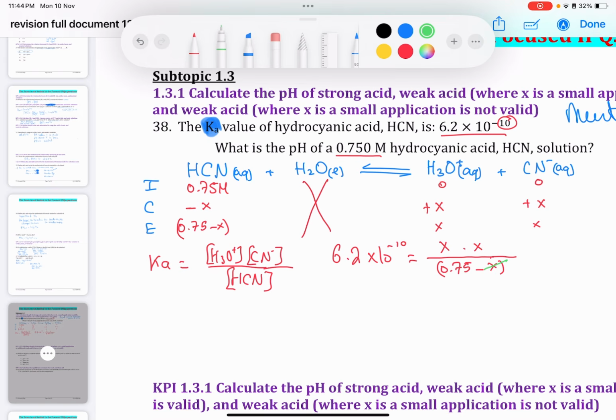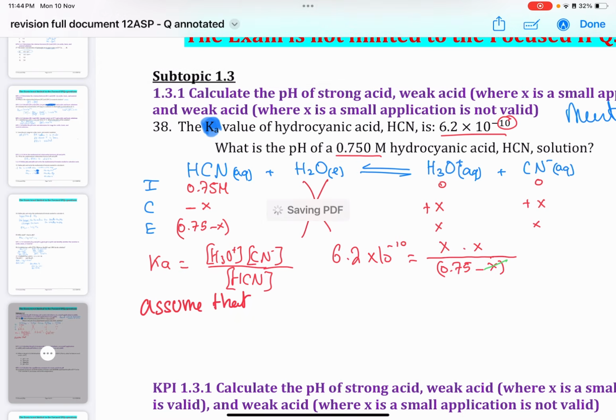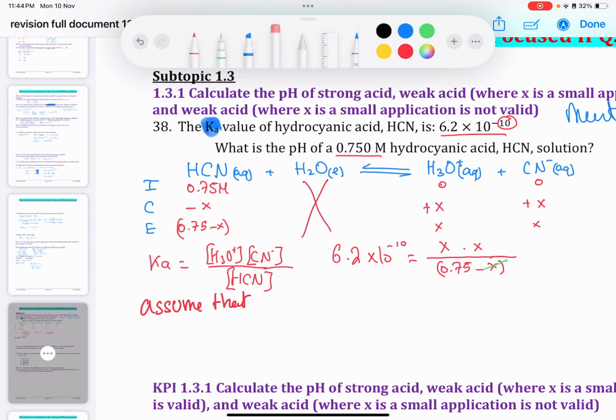Now we're going to do a small assumption and ignore this x. So we're going to assume that x is small, so Ka, or 6.2 times 10 to the power negative 10, is approximately equal to x squared over 0.75.